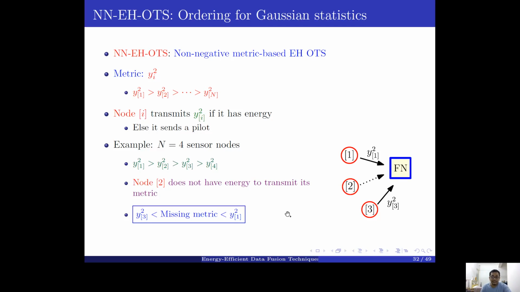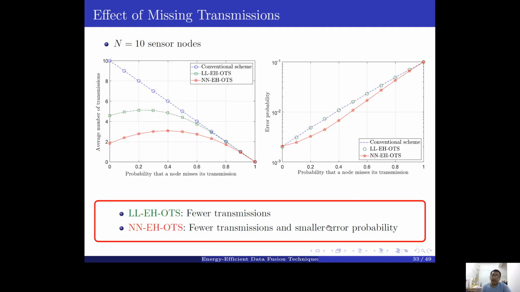In NNEH OTS, due to the metric being sent itself, you can not only use the previous transmission, but also the next transmission and have a better estimate of the range in which the missing metric can lie. And that actually improves the scheme by a significant amount.